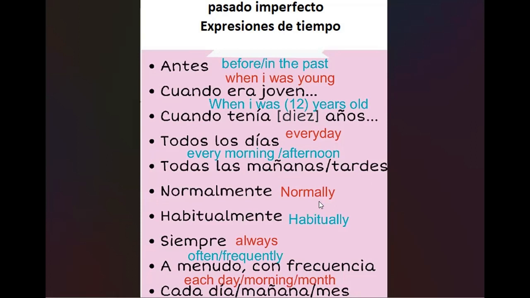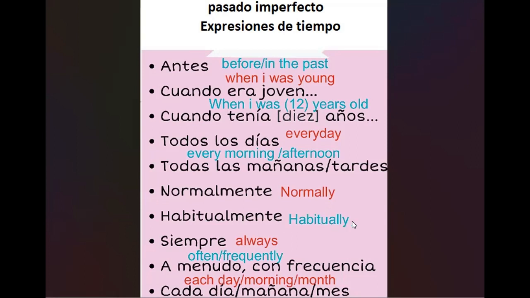Normalmente, in the past, normalmente hacía, the verb hacer, normalmente hacía las tareas en la tarde, ¿ok? Normalmente hacía las tareas en la tarde. Habitualmente ayudaba a mi mamá a lavar los platos.